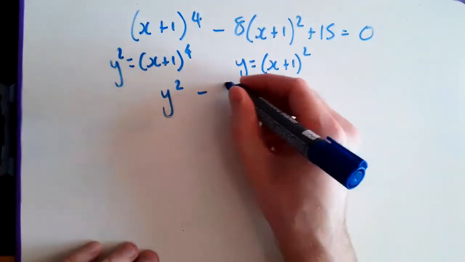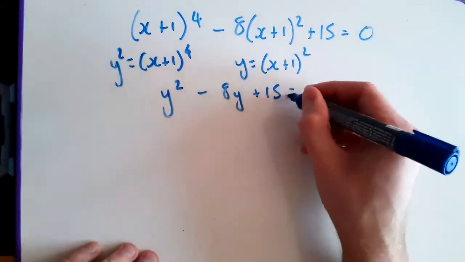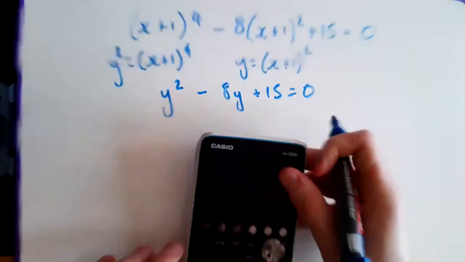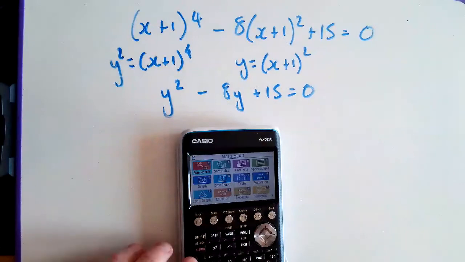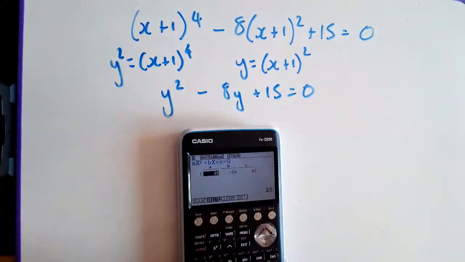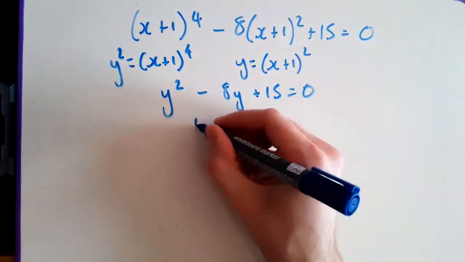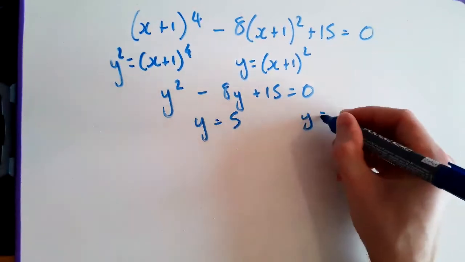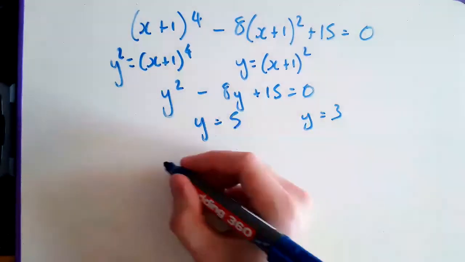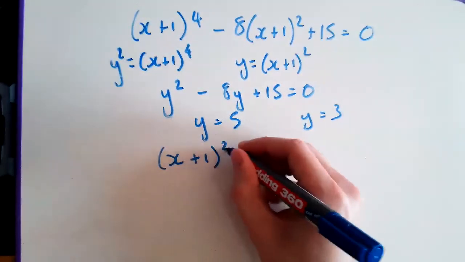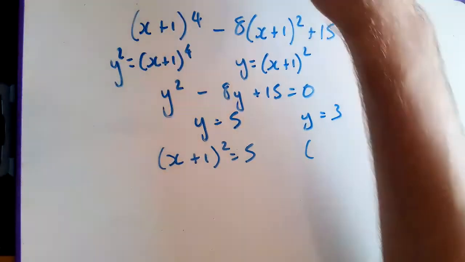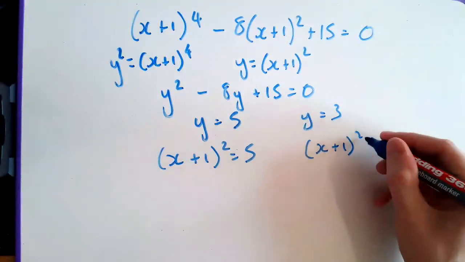y squared minus 8y plus 15 equals 0. Solve it by factorizing, or being lazy by typing it in your calculator. So 1, minus 8, 15. We get 2 answers: y is 5, y is 3. Sub back in what y was: (x plus 1) squared is 5, or (x plus 1) squared is 3.